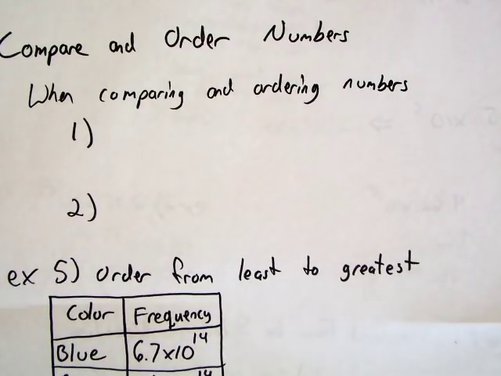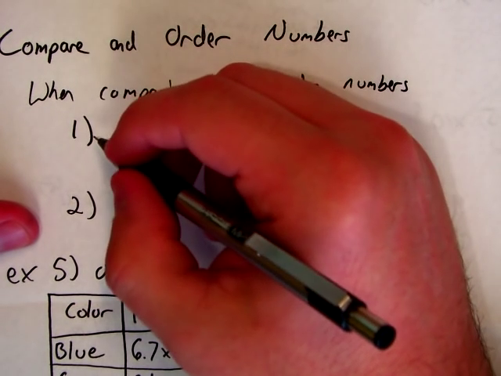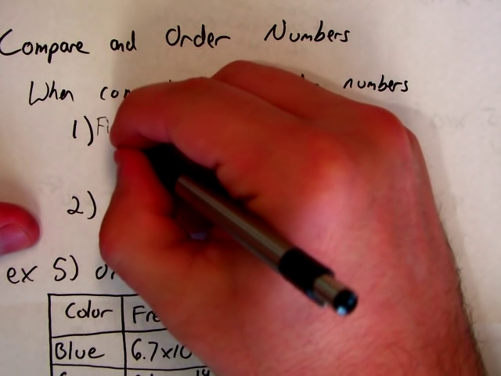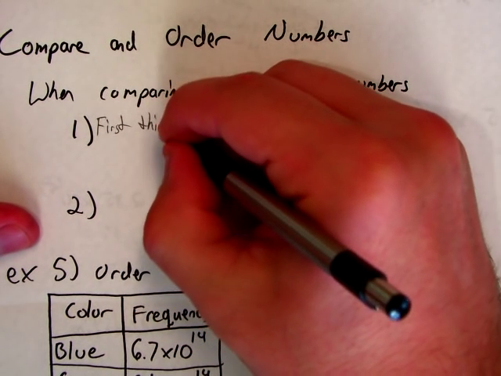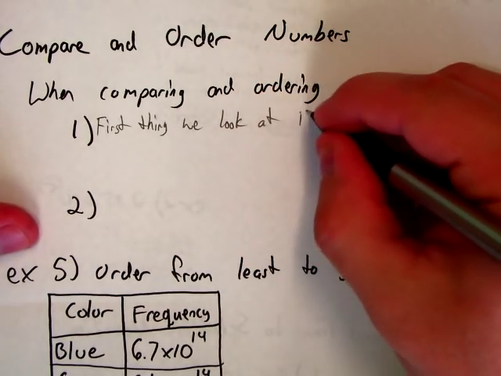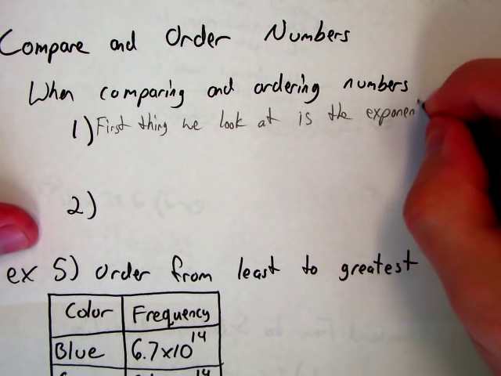All right, last part of this lesson here, comparing and ordering numbers in scientific notation. So when we compare and order numbers, it's kind of like we're doing it alphabetically. The only problem is the first thing we look at isn't the first letter. First thing we look at is the exponent.